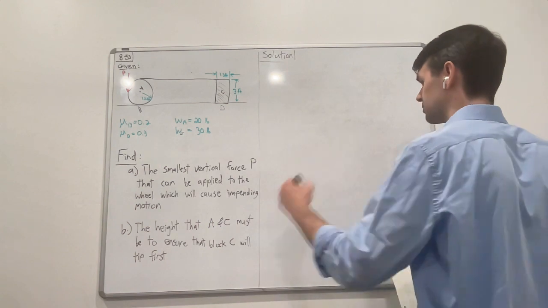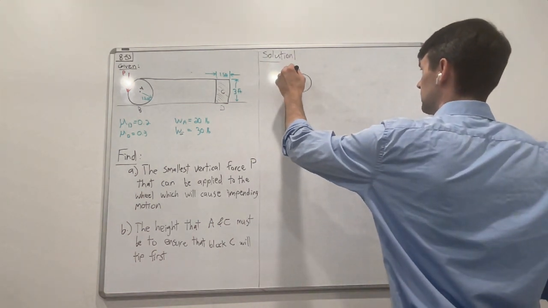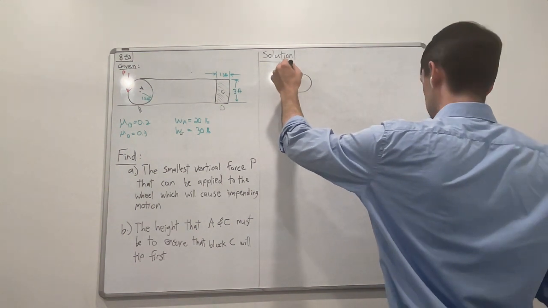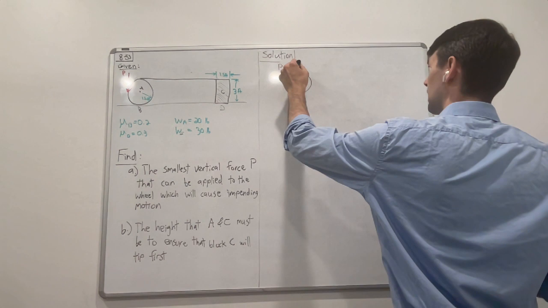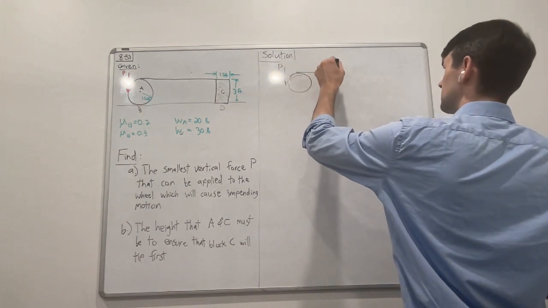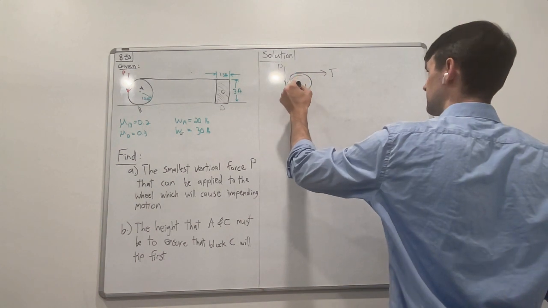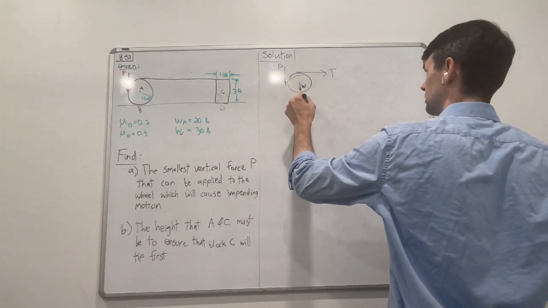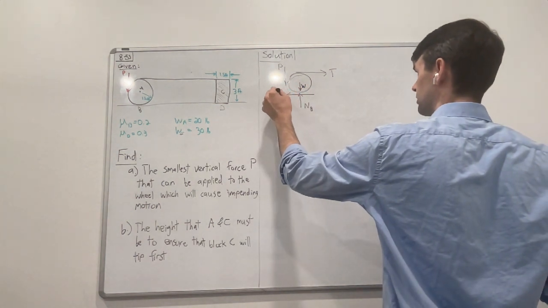So I'm going to draw both free body diagrams here to start. We have this wheel, and this wheel has a force P applied. It has a tension, a weight, a normal force, and a friction force.